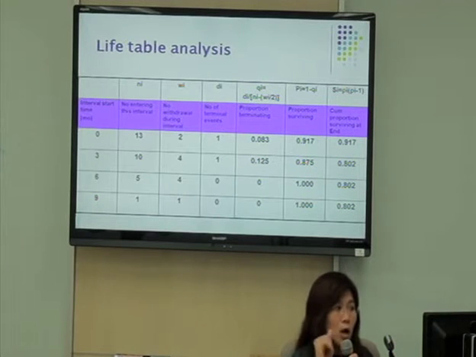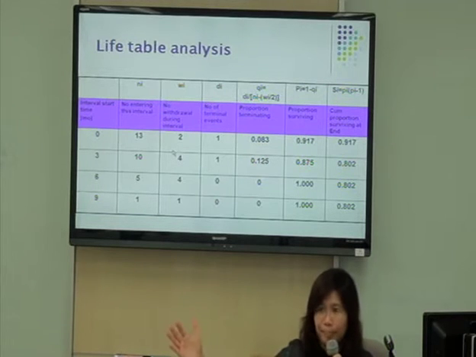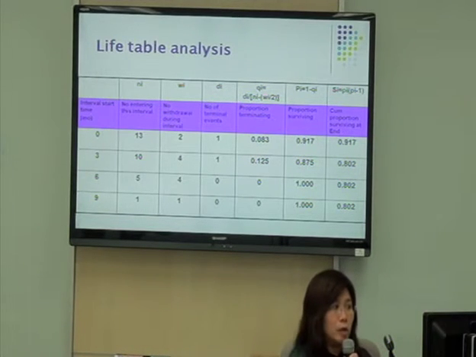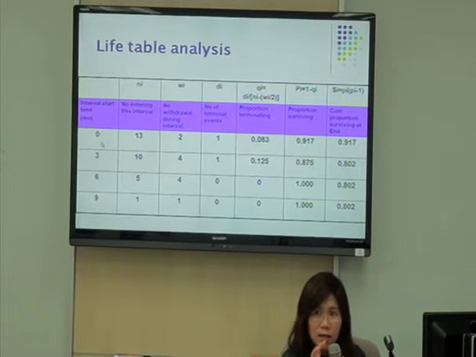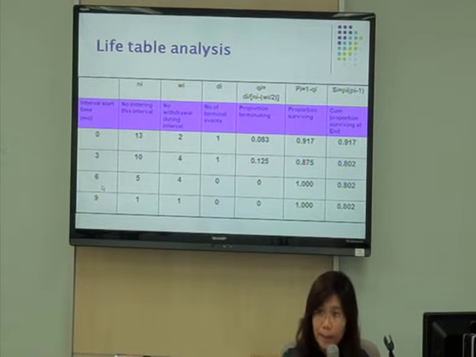Okay, what they do is that during the follow-up time, we have to categorize or group the interval time, starting from 0 to 3, 6 months and 9 months. Like you create the interval time of follow-up.